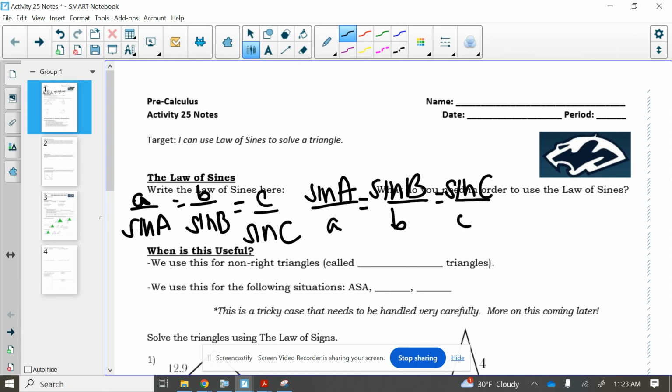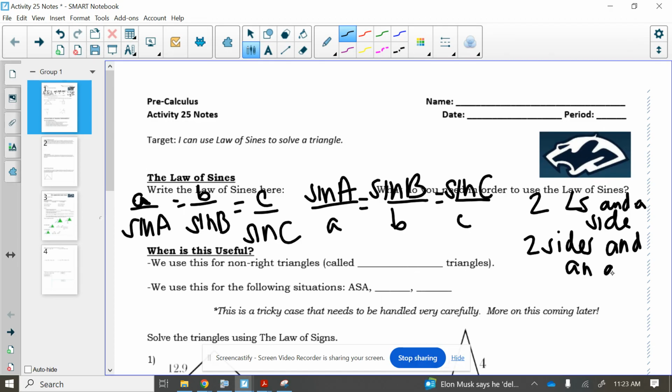Now, when are we going to use the law of sines? When you are given two angles and a side, or when you are given two sides and an angle, but a slightly different setup than our law of cosines, because we would use these in an oblique triangle that is giving us angle, side in the middle, angle, angle, angle, and a side, or side, side, angle.